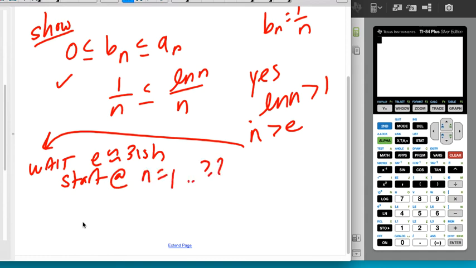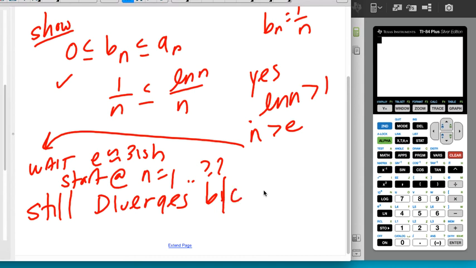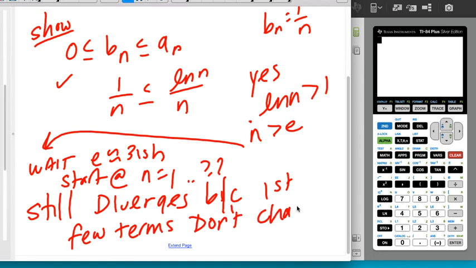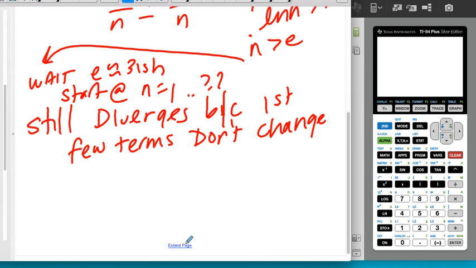Is that okay? Well, yeah, because remember, the first couple terms, so this still diverges, right? Those first few terms don't change the behavior of the entire infinite series. The 1 or 2 terms at the beginning, or 3 or 4 terms, or even 50 terms at the beginning can't change whether this thing sums to an infinite value or a finite value, because at the beginning you have a number of finite terms.